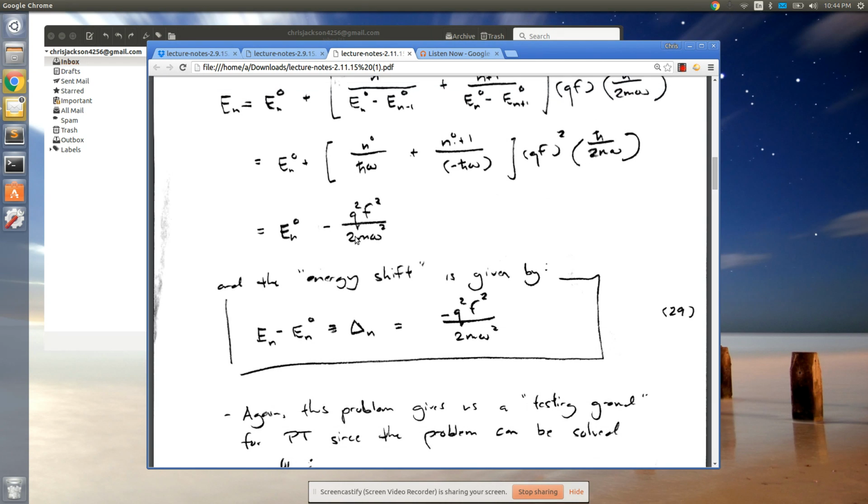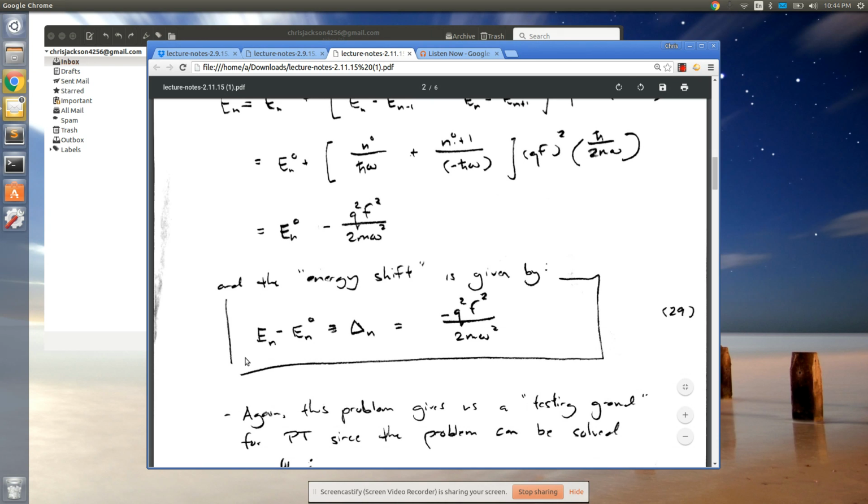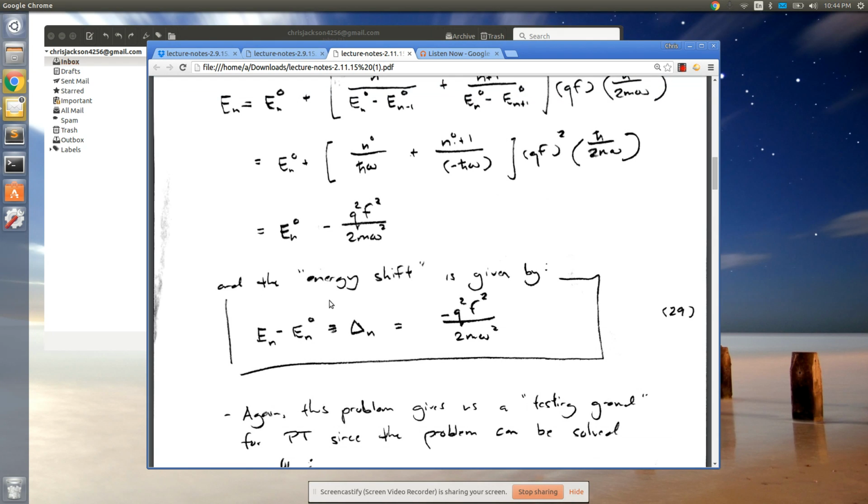What we call the energy shift is what you get when you subtract the unperturbed energy over onto the other side. It tells you just how much you're shifting away from the unperturbed state.